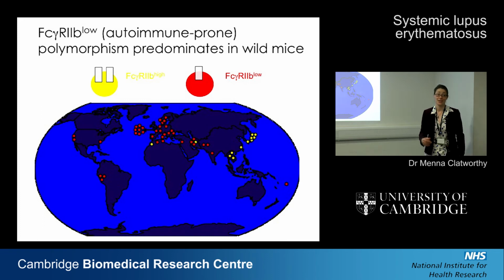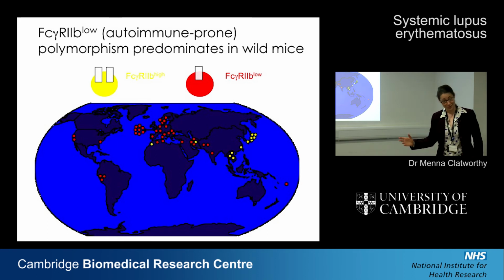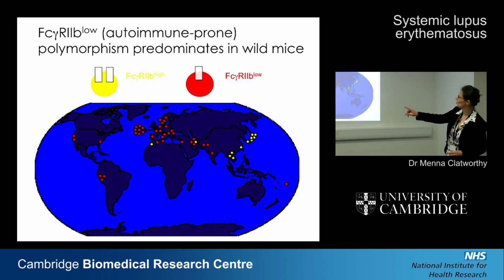There are these two French investigators, truly, that go and catch wild mice around the world, which I suppose is not that bad, and they isolate DNA from them. So we were able to get some of these samples of DNA. And what you can see is that worldwide, what predominates is not what we thought was the wild type, but actually the promoter haplotype that has the deletion in it. So the autoimmune-prone promoter predominates.